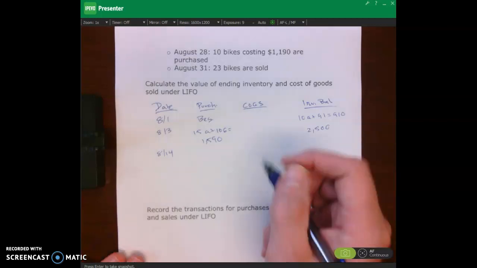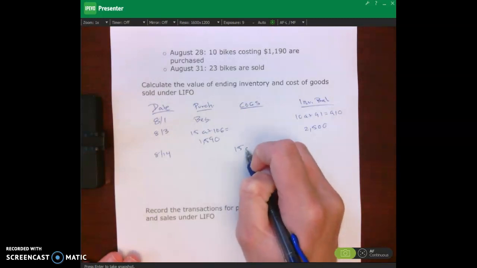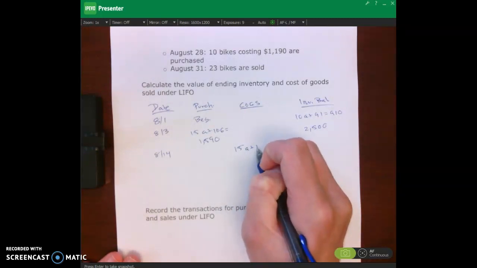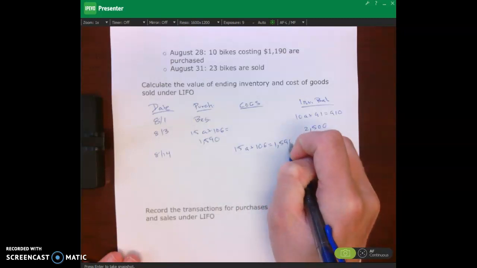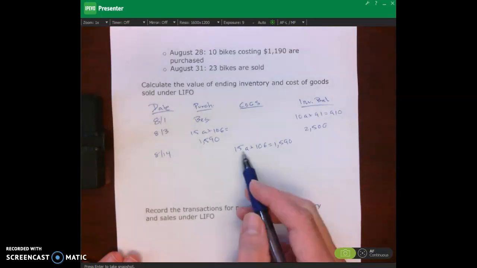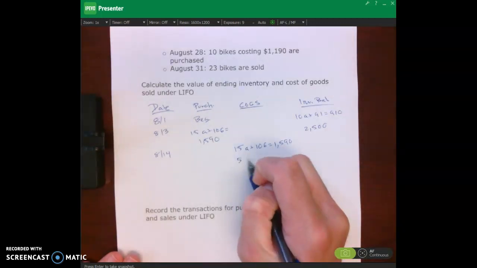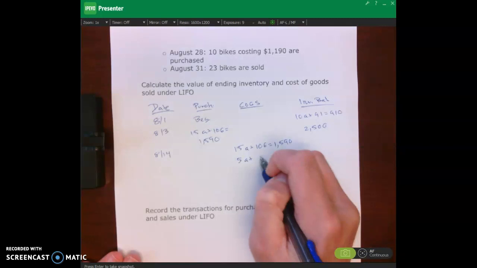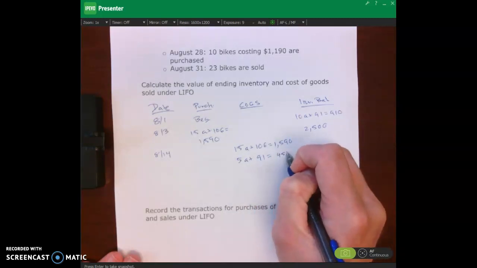When we look over here in terms of our cost of goods sold, we sold all this 15 because we did 20 bikes. We sold all the 15 at the 106, 1590. All right, and then I sold 20 bikes total, which means I have 5 left to go. Right, because I'm at 15, I have 5 more bikes to sell. That means I sold the 5 at the 91, which equals our 455.